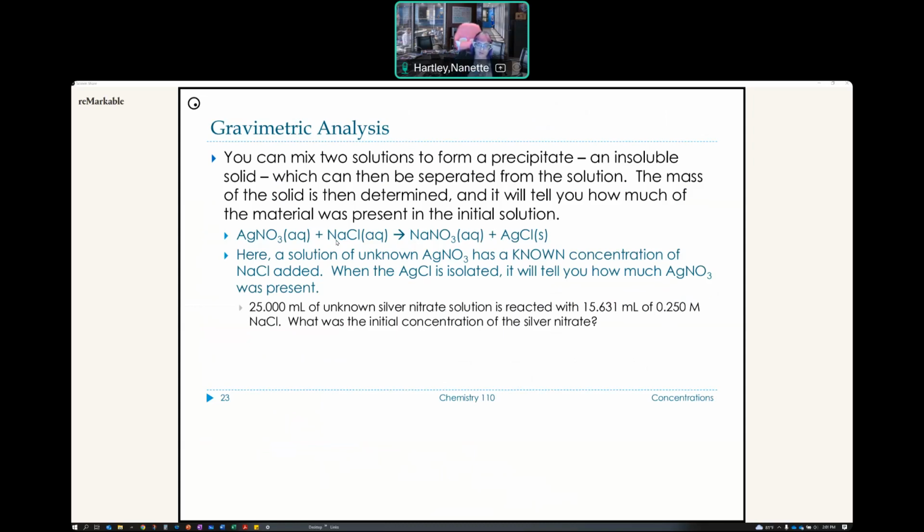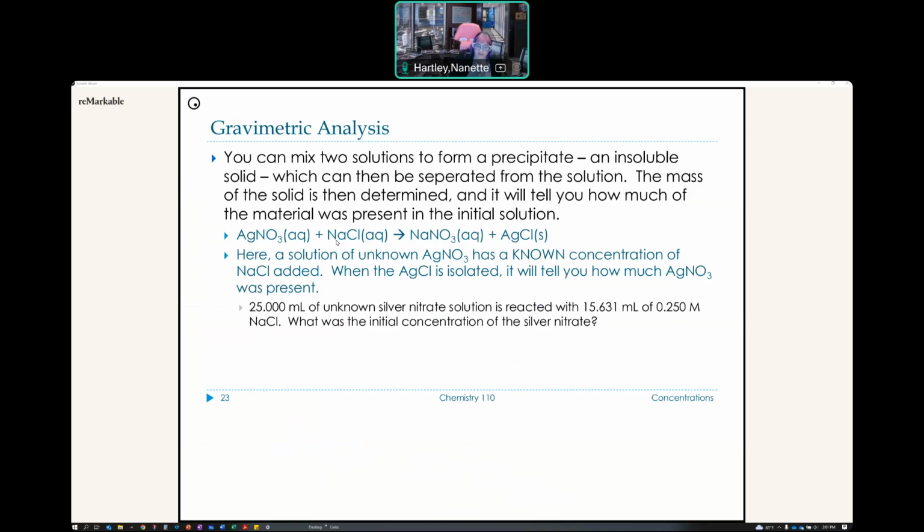We can add the silver nitrate from the burette until we stop making solid. Actually, we can just make sure that we've added enough, and then we can dry off the solid, filter it, and measure how much we make.